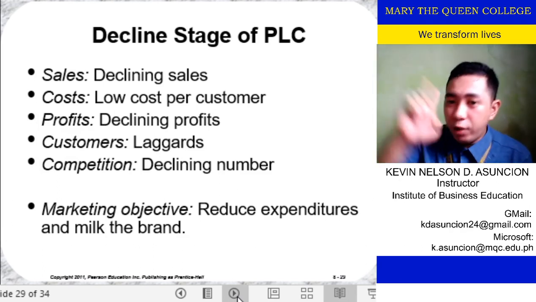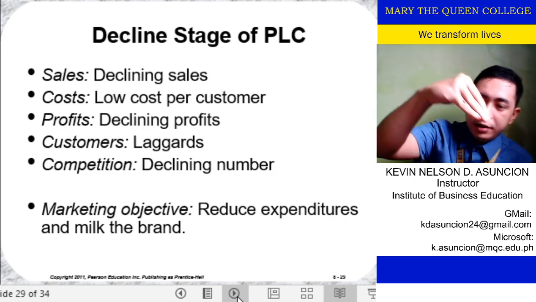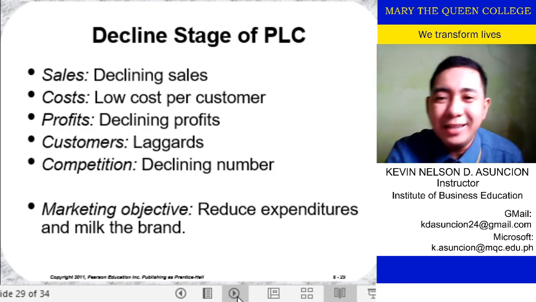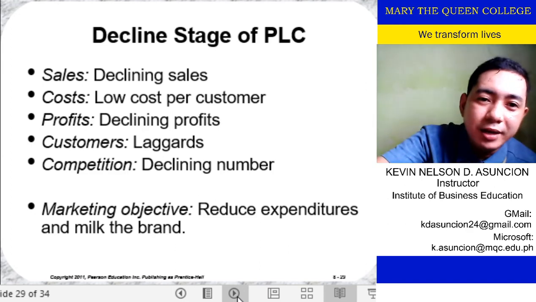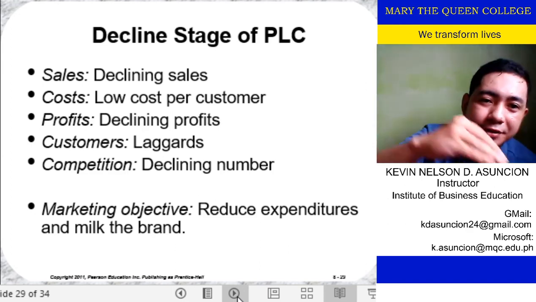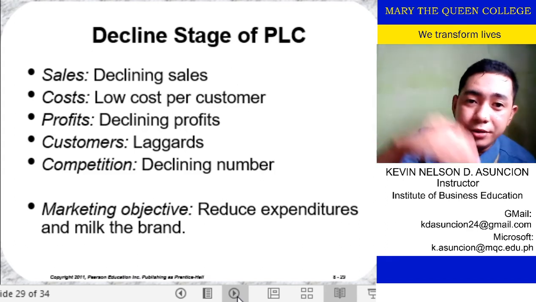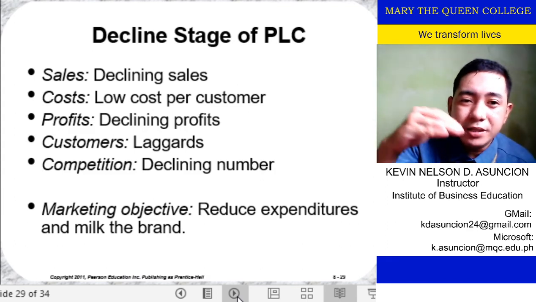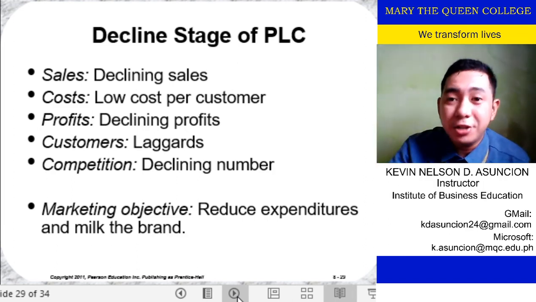Then, eto nga, when we fail to maintain that, we go now to what we call decline. That's the other side of the mountain, sabi nga. So you see declining of the market share, the sales, low cost per customer, of course, dahil nga napatag mo na yung cost. But declining profits na tayo. Laggards are late switchers.